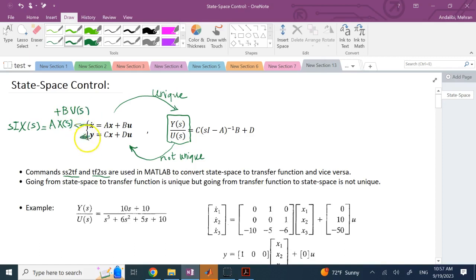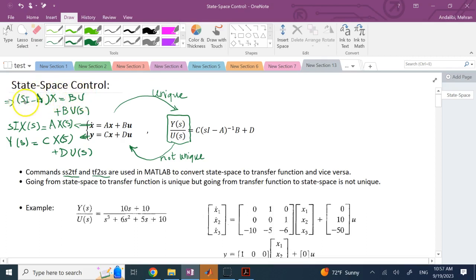And this bottom one will be Y of s equals C times X of s, and then plus D times U of s. And what you need to do is to eliminate X between these two equations. So from the top one, you take this A times X of s to the other side, so you will get basically (sI minus A) times X equals B times U.